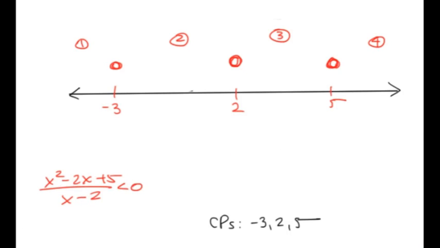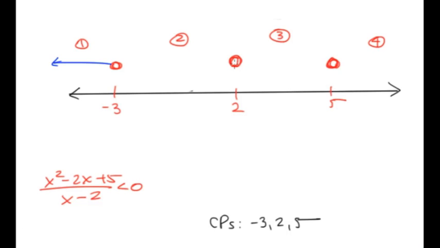And I'll save you the time and effort here and just tell you that this first section was true, so that's what I'm going to graph: less than negative 3. And these are all open circles because the inequality stated not less than or equal to, it was just less than, and of course the critical points for values that are undefined would always be open, because if it was closed, then that would make the inequality undefined, right?